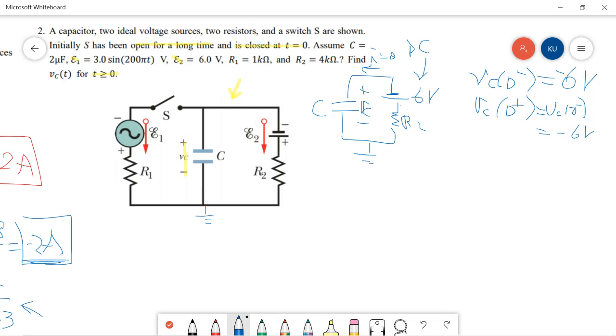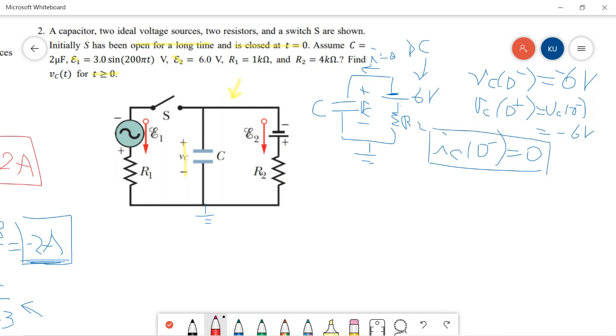And you should be very careful about the current of the capacitor. IC0 minus is 0, as I mentioned. There shouldn't be any current going in or out of the capacitor for the DC steady state. So this one is 0.